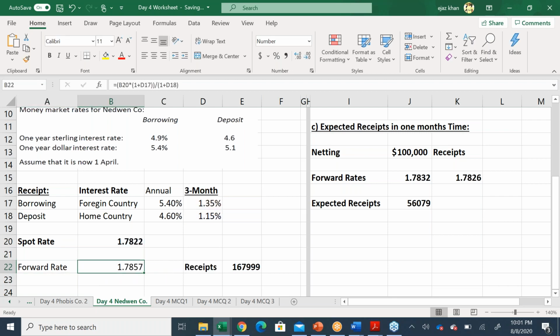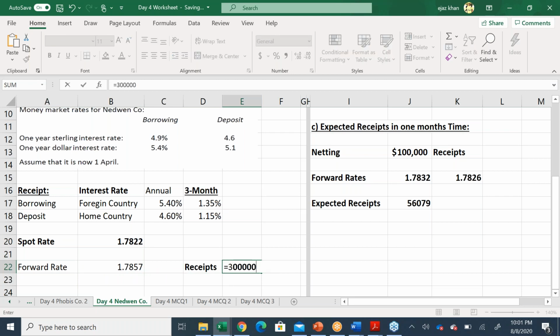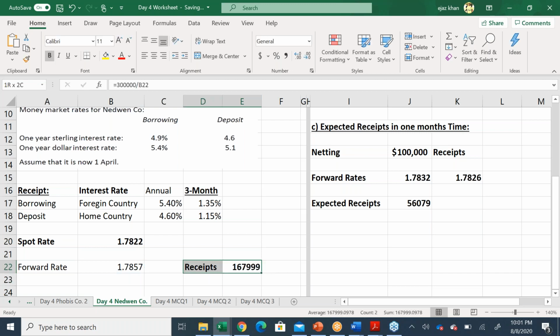And that's the rate. Then whatever receipts we are getting, we just have to divide the receipts by this rate. And that's the answer. Is it clear now? That's money market hedging for you.